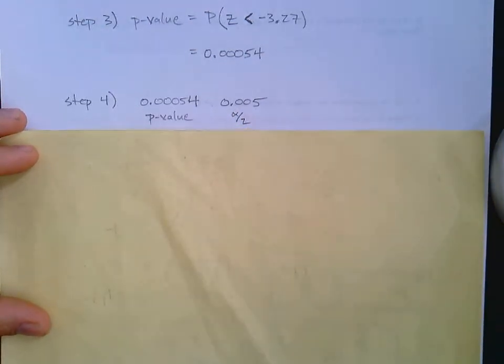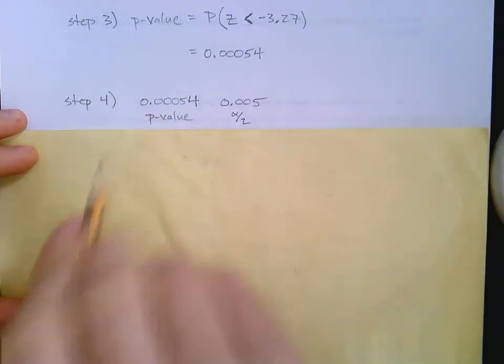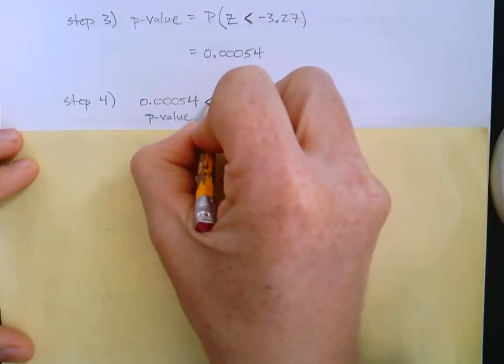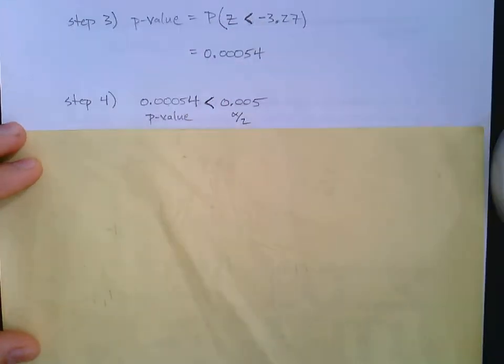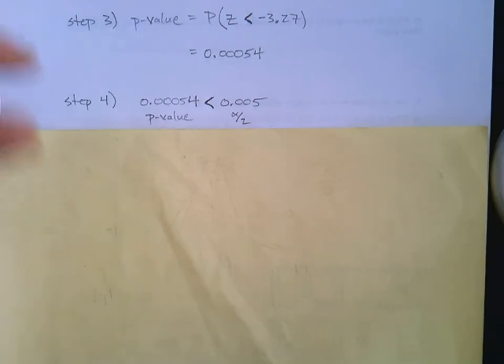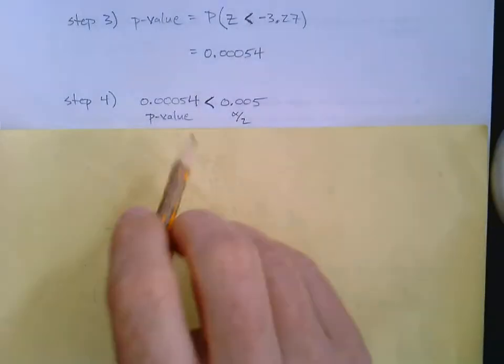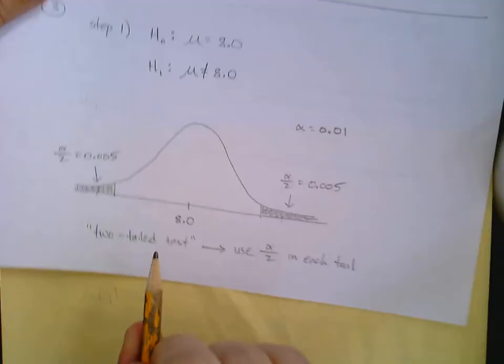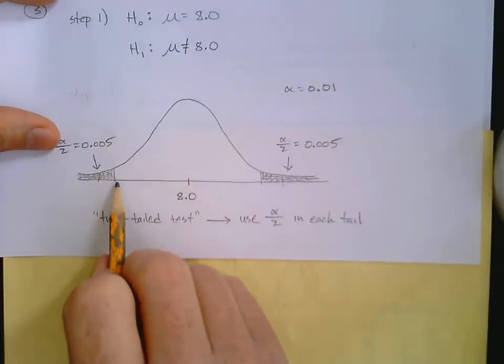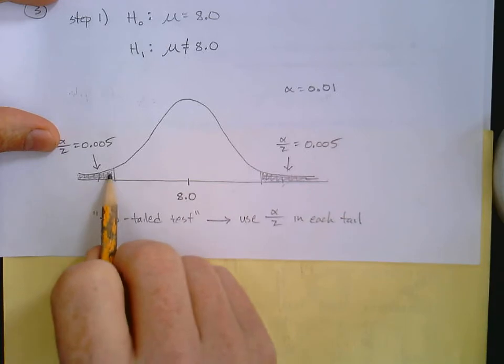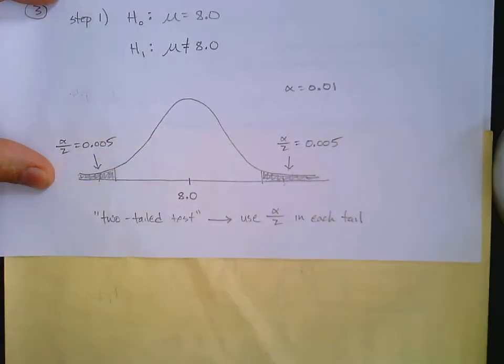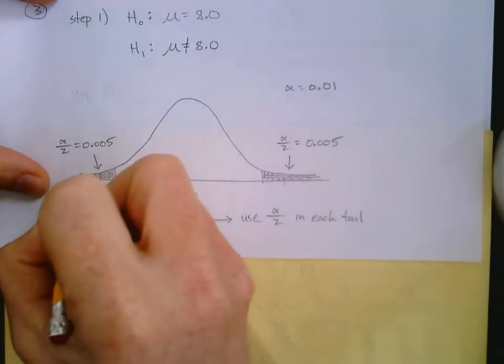So our p-value is this, our 0.005 is alpha over 2. Which one is bigger? Which one is smaller? Well, that's got a lot of zeros. Alpha over 2 is the bigger one. So what does that mean? If that's our p-value, it's smaller than this. That means it went into the shaded region, actually pretty far into that shaded region.